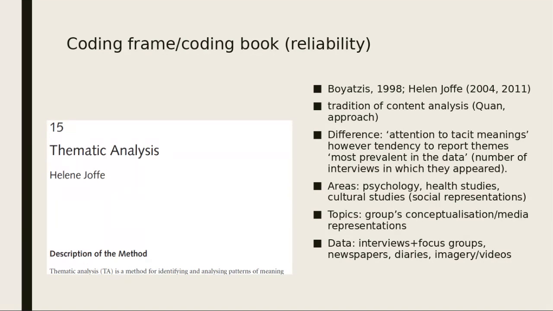So here you are encouraged from this approach to put the number of interviews in which they appeared. You're encouraged to refer to how prevalent, and that means that you are discarding those informants in your interviews who are saying things that don't quite fit with the prevalent, or the dominant, impression that you're getting from the data.